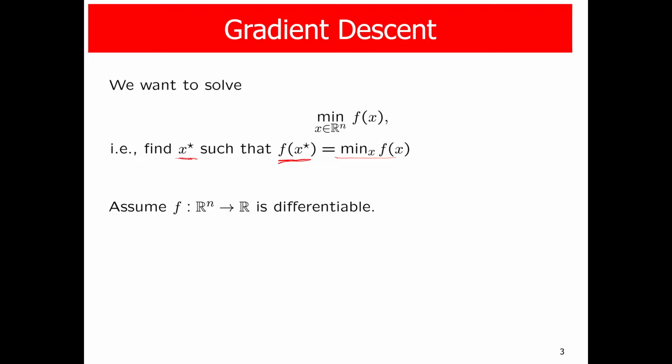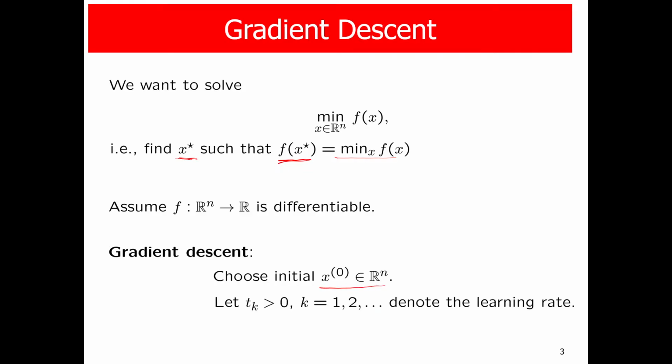We assume that f is a differentiable function. If the parameters are set correctly, then the gradient descent algorithm can find a local optimum point of this function f. The gradient descent algorithm works like this. You choose an initial starting point x0 in this n-dimensional Euclidean space, and you also choose a schedule of learning rates tk, which are non-negative numbers.